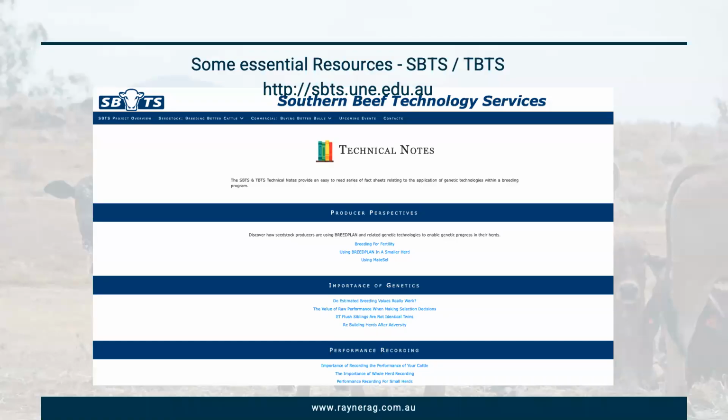So just before we finish up and I stop sharing the screen, I can't encourage you enough to spend some time having a look at the TBTS website for their technical notes. They're linked through to Breedplan, and they would be quite useful for a lot of breeders looking to make a start with Breedplan themselves, as well as the MLA Genetics Hub, but also the resources that many of the breed societies actually have available.